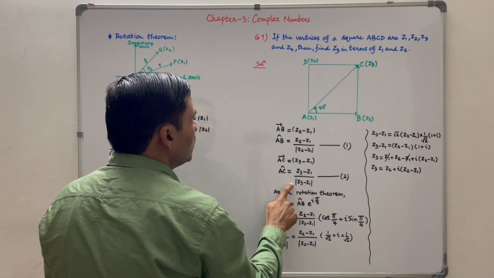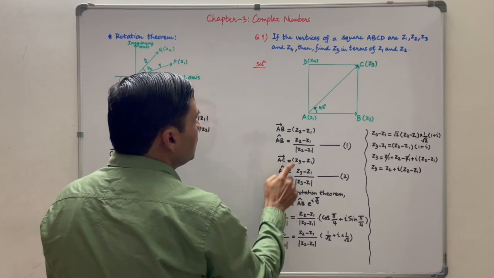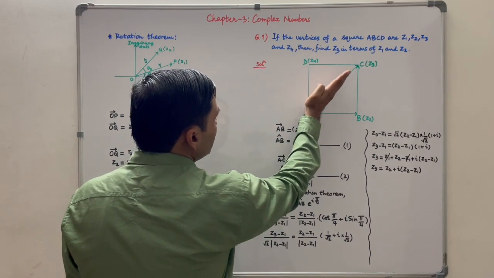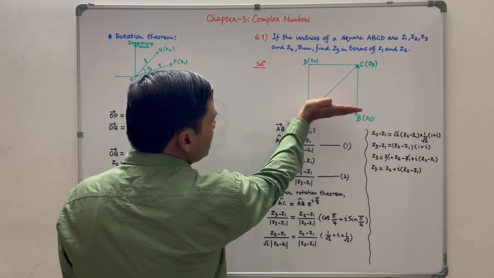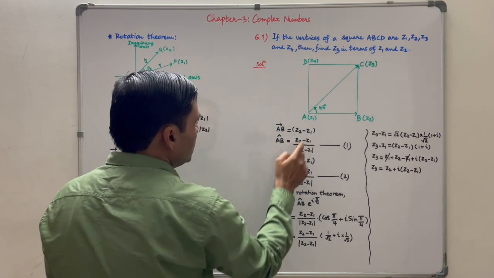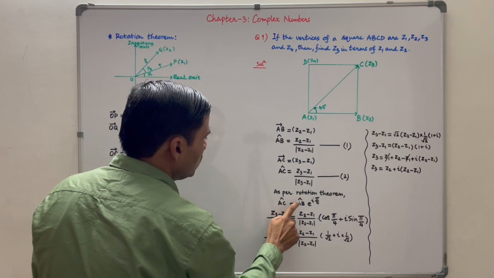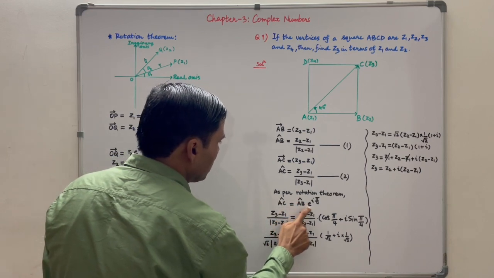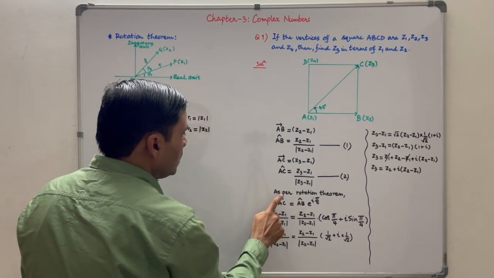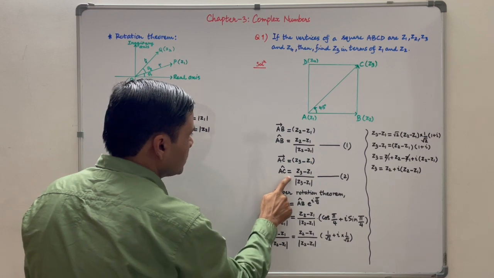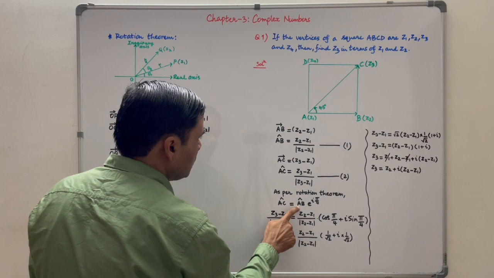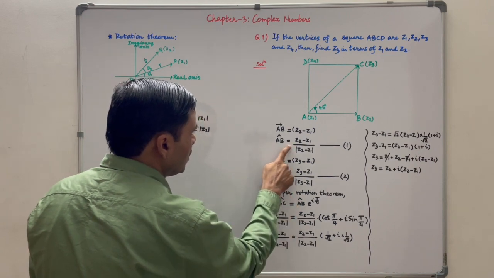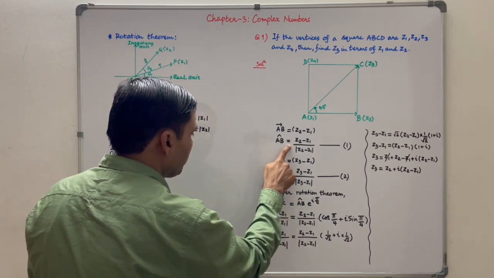Now we can apply the rotation theorem and say that we will get unit vector AC by rotating unit vector AB by 45 degrees. So unit vector AC is equal to unit vector AB into e to power I pi by 4. Unit vector AC is equal to Z3 minus Z1 upon mod Z3 minus Z1, and unit vector AB is equal to Z2 minus Z1 upon mod Z2 minus Z1.